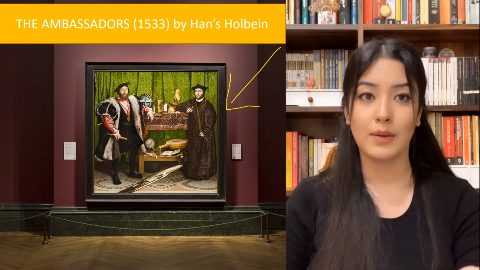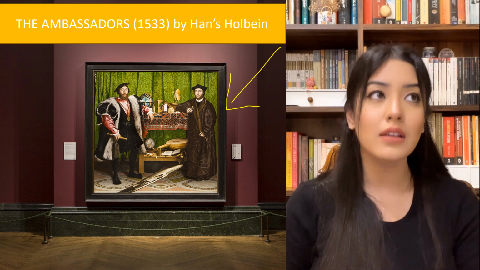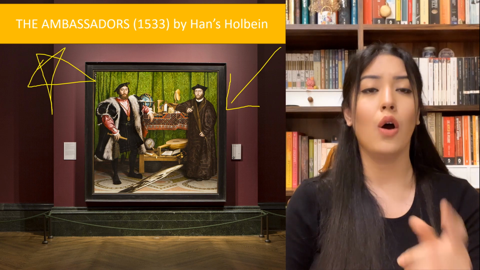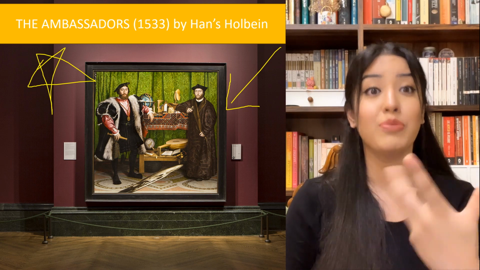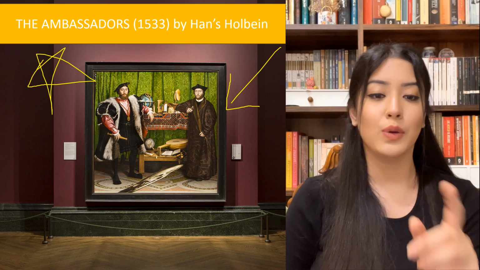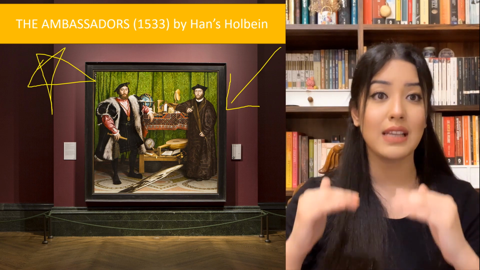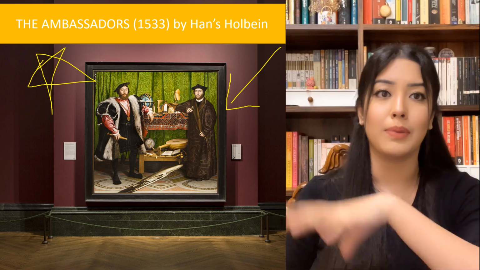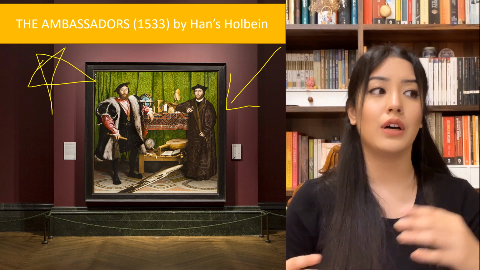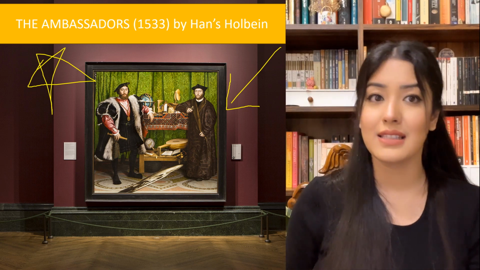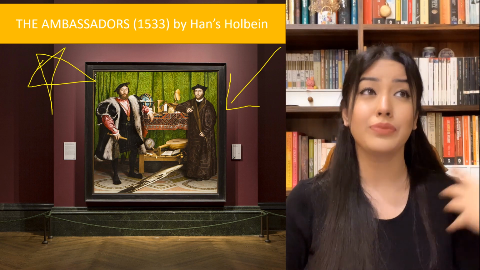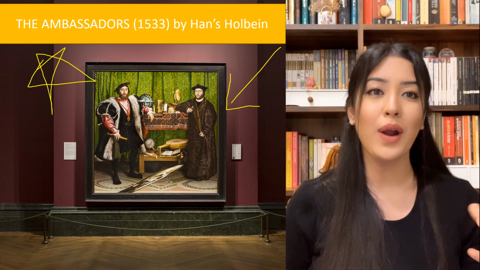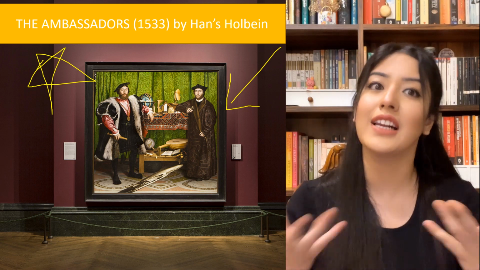Now, this painting has been considered to be the artistic manifestation of the Renaissance. That is, it represents the Renaissance, okay? You can see there are two people and then there's a table with a top shelf and bottom shelf, and there are various objects that are scattered about on that table. Now, each of these objects symbolizes something and represents important aspects of the Renaissance. So this whole picture is the Renaissance itself.